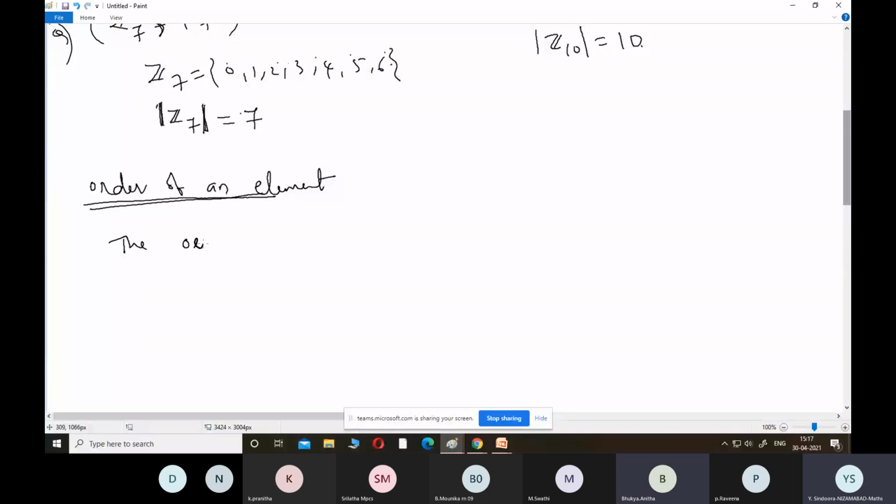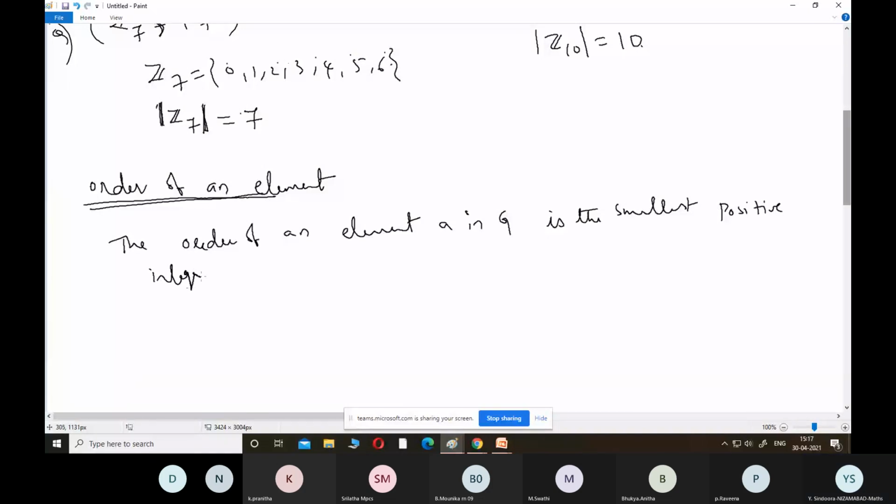The order of an element a in G is the smallest positive integer n such that a power n is equal to e.